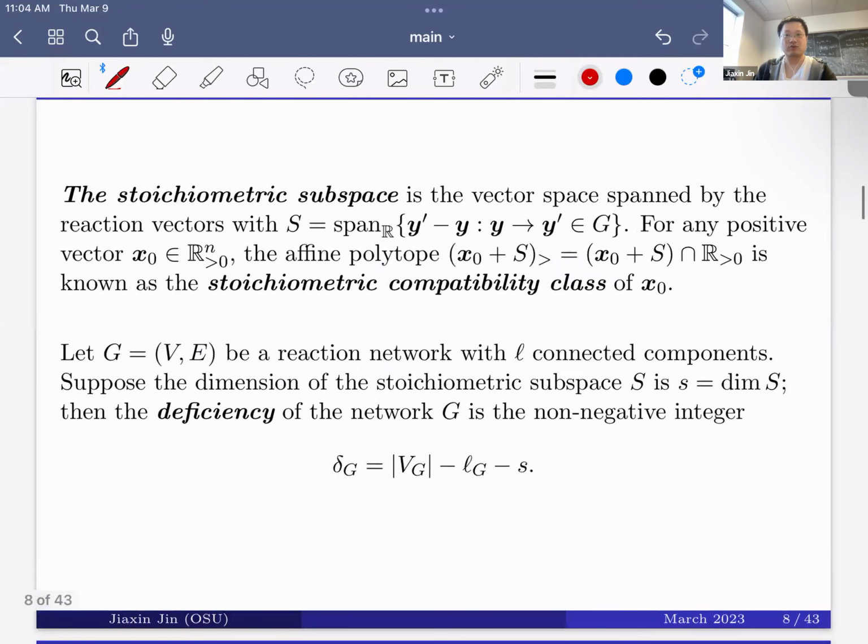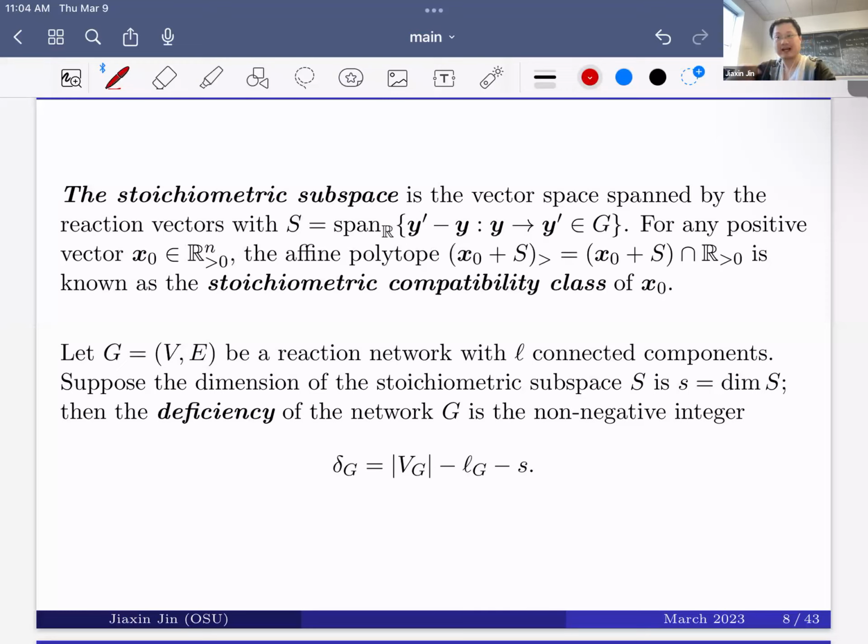Then let's quickly recall some very classical definitions. First is the stoichiometric subspace. It is a vector space spanned by every possible reaction vector. You can see S is equal to the span of y prime minus y, as long as y goes to y prime is in the graph.